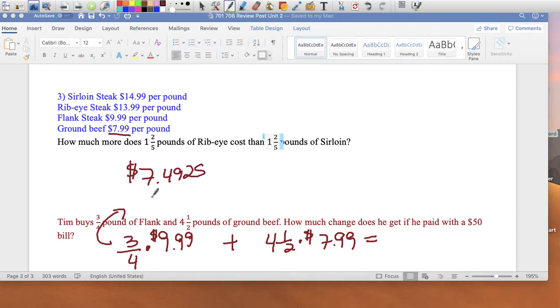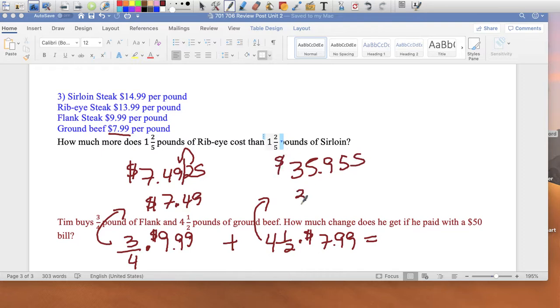We're going to write this as 7.49. So the 2 is very weak, so this is going to change to 7.49. And then 4.5 times 7.99 equals $35.955. But we're going to write this as 35.96 because that's going to go up.